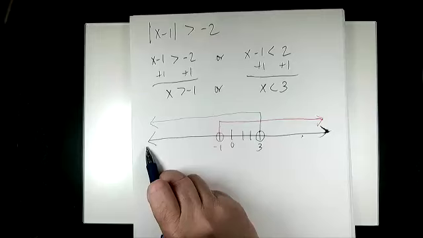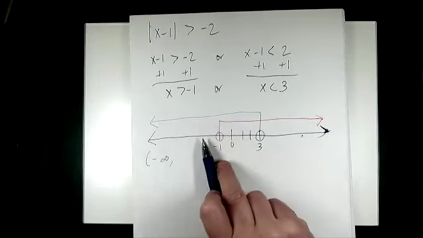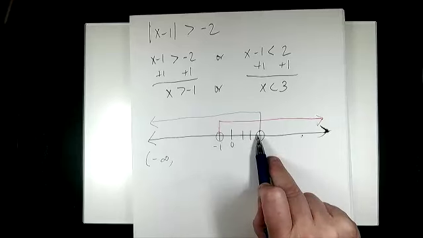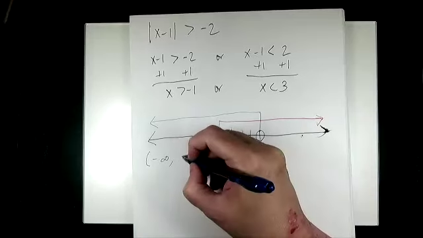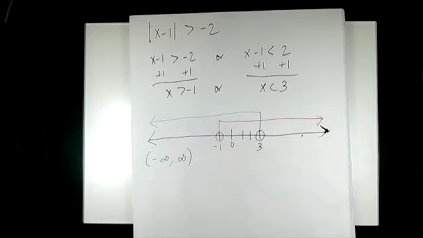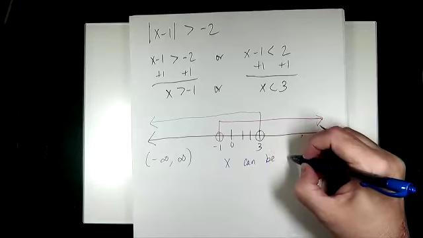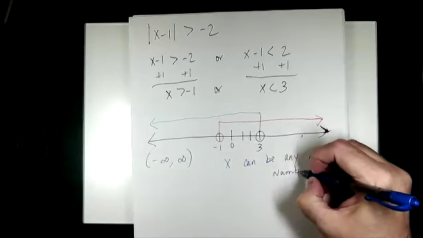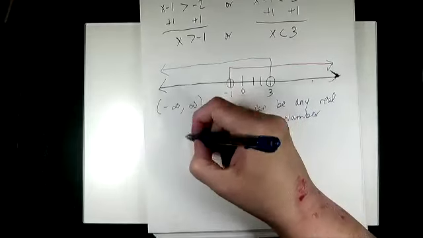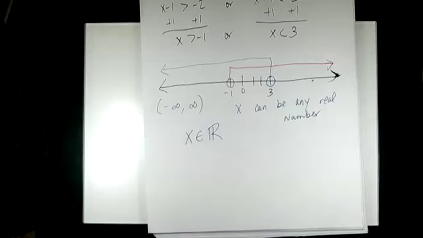If we do our interval notation, it shows up on the blue line right away at negative infinity. And here, there's a region where it's on both lines. And when we get to positive infinity, it's only on the red line, but that still works. So x can be any real number. Or we can say x is an element of the real numbers.